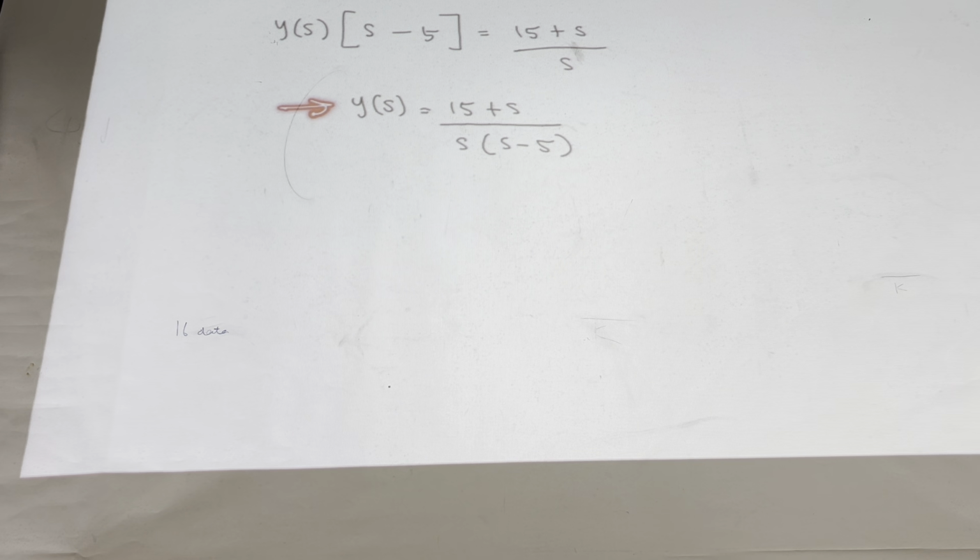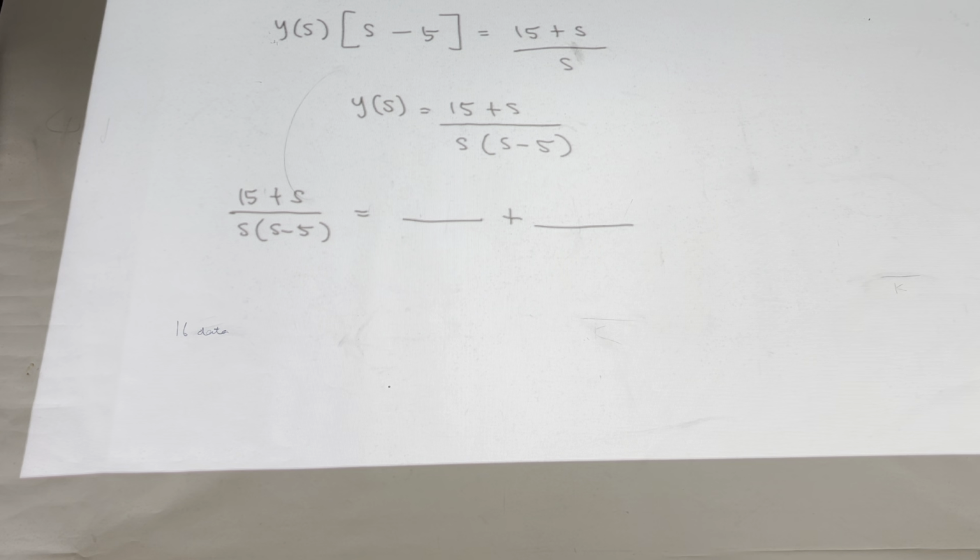So you need to simplify this fraction. So (15 plus s) over s(s minus 5). Actually this one you can break down into two simple fractions. One consists of s in the denominator, second one s minus 5.